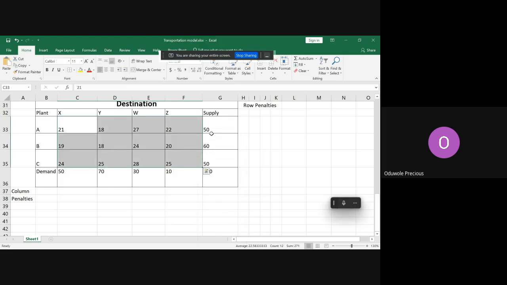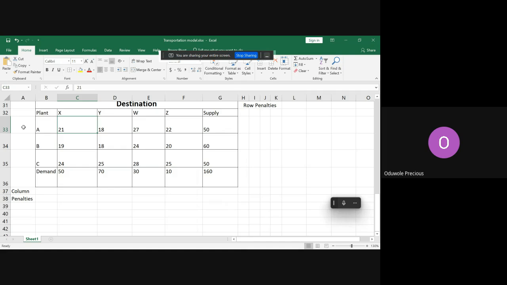So now, how do you do your penalties? What you do is the first step is that you look at the two least costs and subtract them from each other. That is 18 and 21. You do it for the row and you also do it for the column. That's how I call it, row penalty, column penalty.